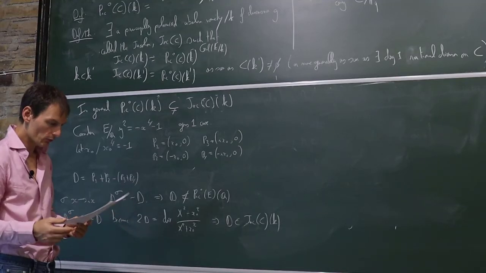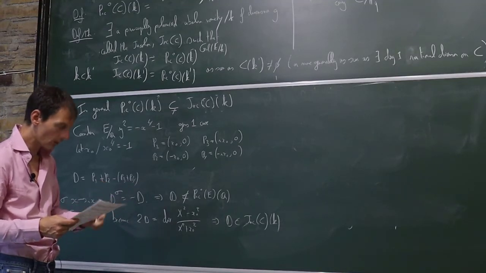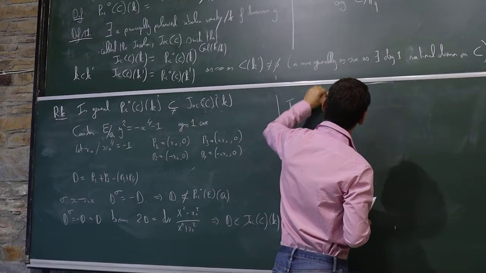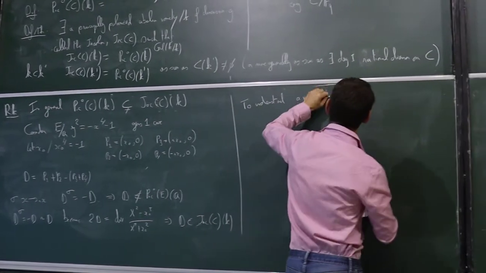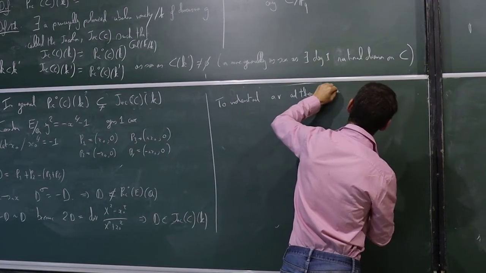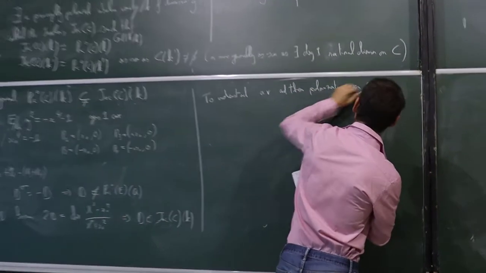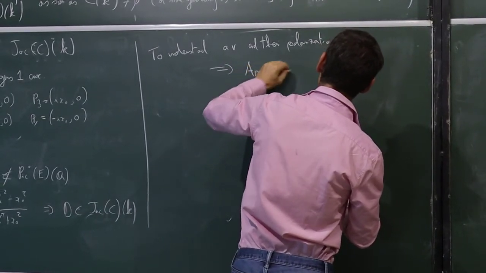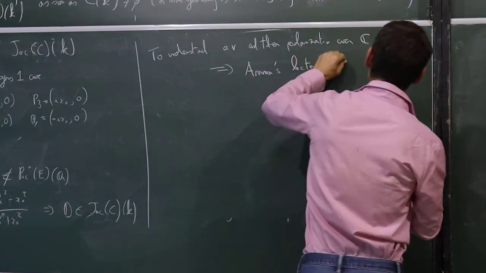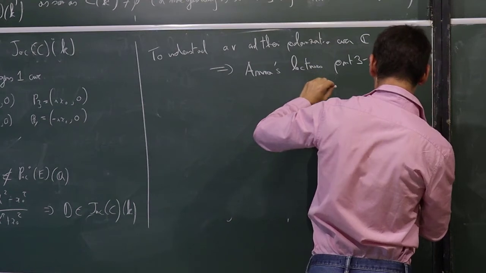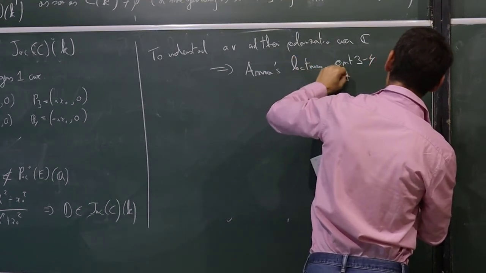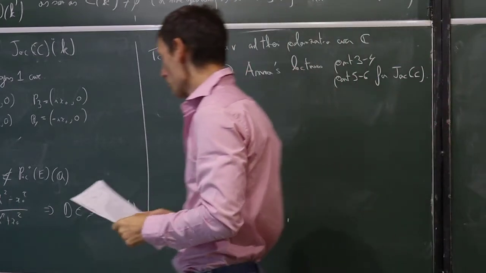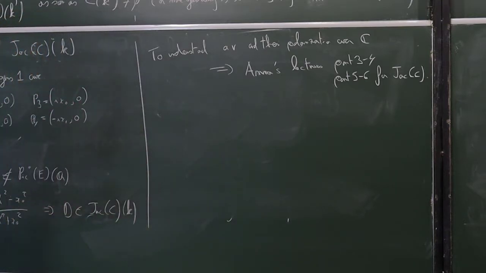So Anna has a series of lectures. To understand abelian varieties and their polarization over C, look at Anna Somoza's lectures, parts 3-4, and for parts 5-6 for the complex understanding of how to represent the Jacobian of the curve.